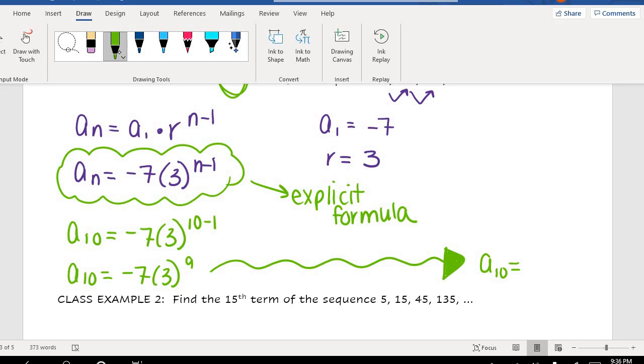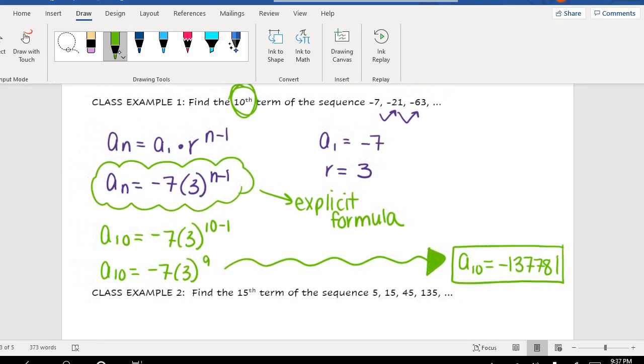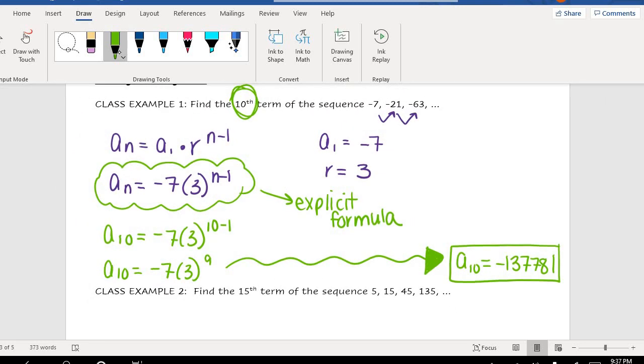Okay, a sub 10 equals -137,781. So that's the final answer to this question because it asks find the 10th term. You can see how quickly these numbers are growing because of the geometric nonlinear model.